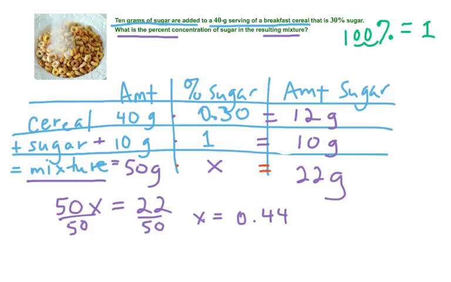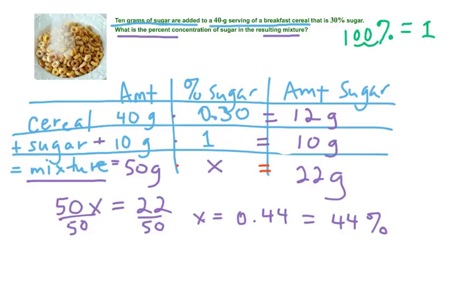So it turns out that X equals 44% sugar. So when I take my cereal that's 30% sugar and I put 10 grams of sugar on it, I've now got a bowl of cereal that's 44% sugar, almost half sugar. Kind of scary.